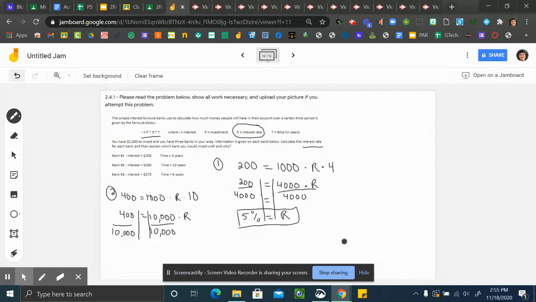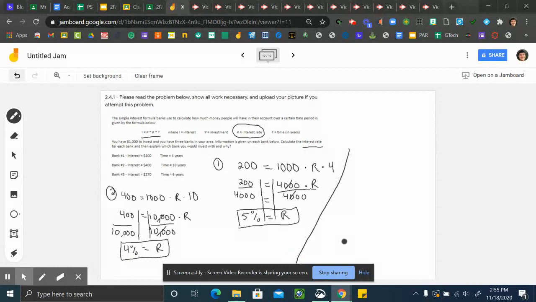And this ends up being 0.04 or 4% equals R. Okay, these are canceled out. And so the interest rate here is only 4%.